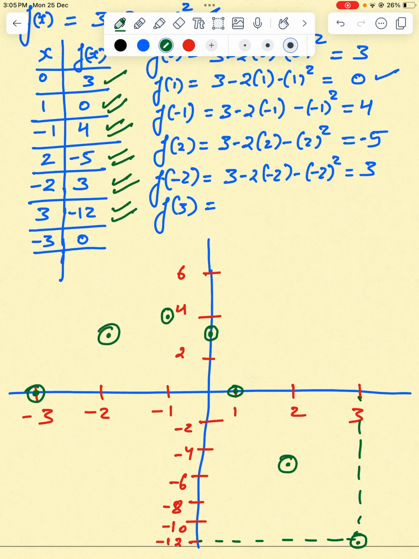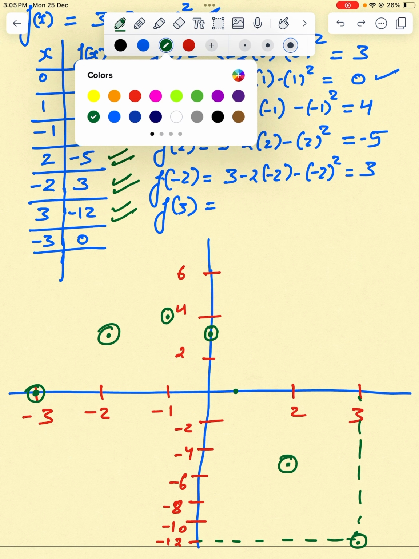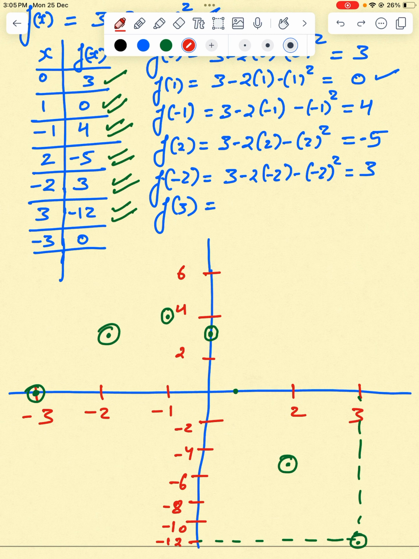Now if you try to draw it on the graph paper, see, our second coordinate will be somewhere here.